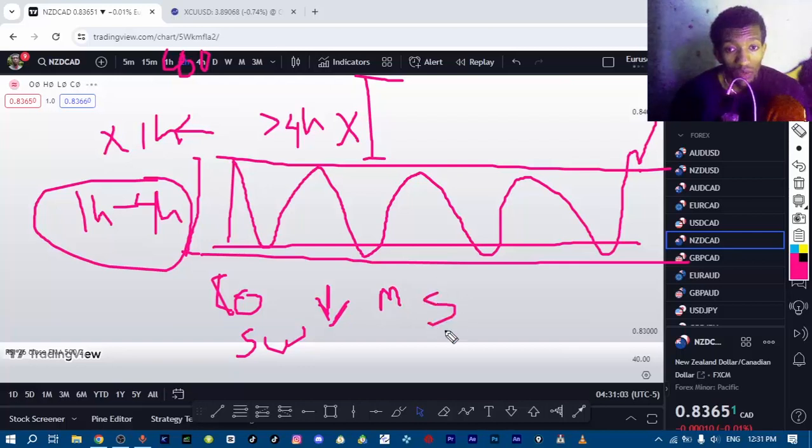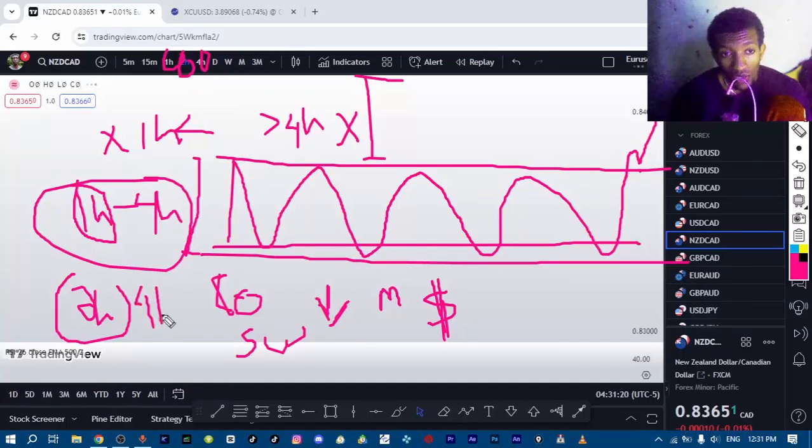Okay, make you lose more money. So the thing that you have to do is consider the 1 hour to 4 hour time frame. If you don't find a consolidation on the 1 hour, jump to the 2 hour. If you don't find a consolidation on the 2 hour, jump to the 4 hour. Okay.